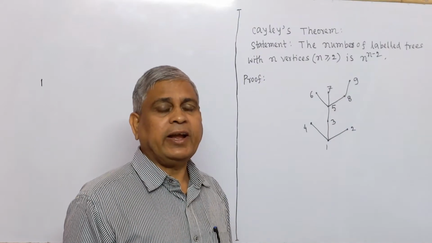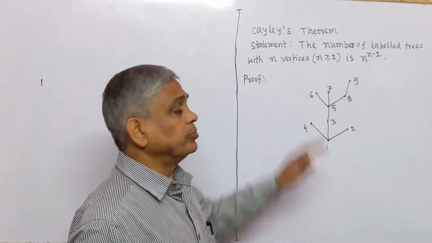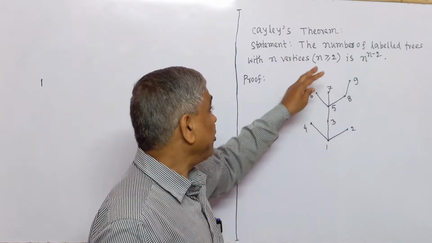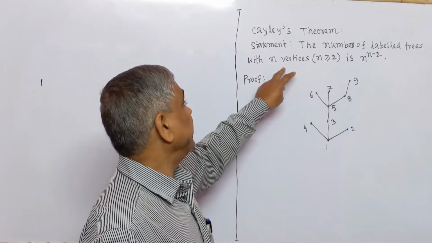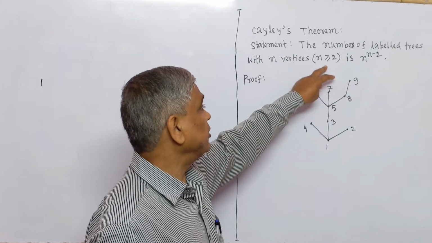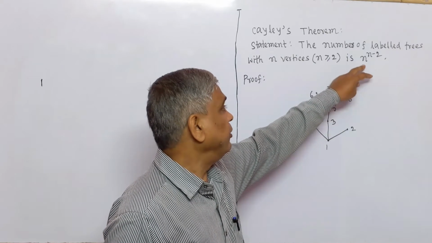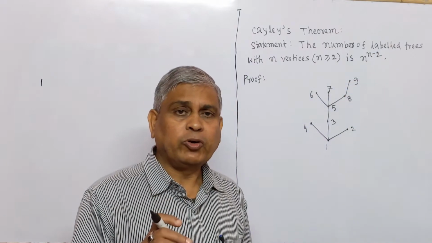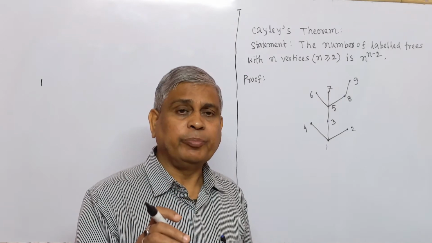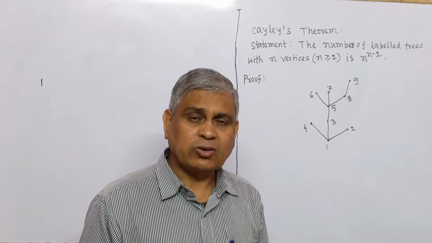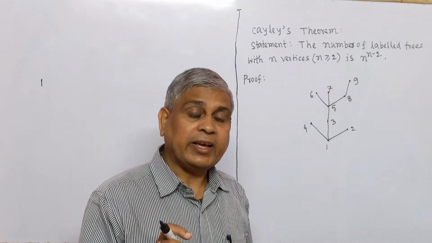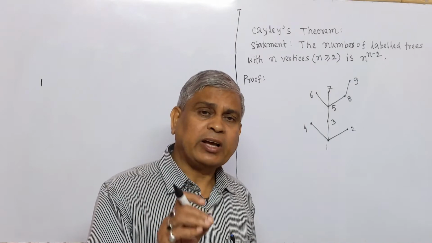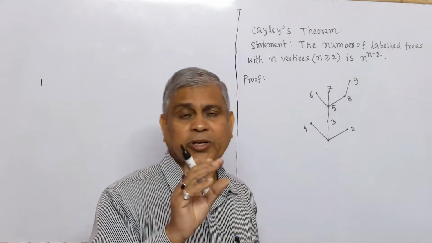Now we state and prove Cayley's theorem. Statement: the number of labeled trees with n vertices, n greater than or equal to 2, is n to the power n minus 2. Before proving Cayley's theorem for n vertices, we take a particular case and see how the theorem is proved.